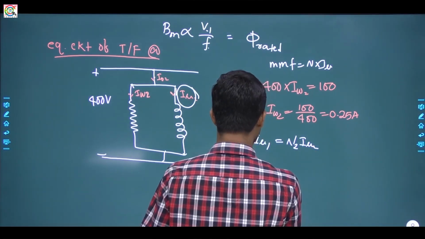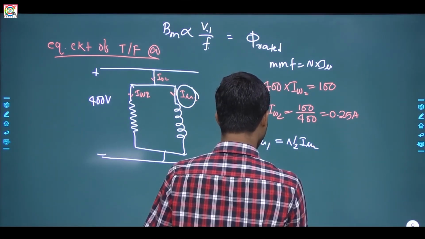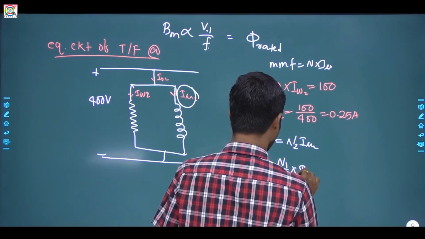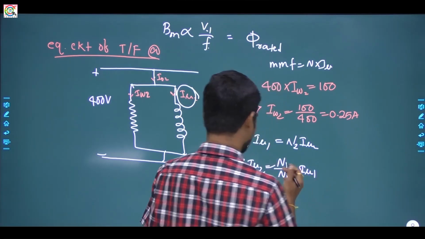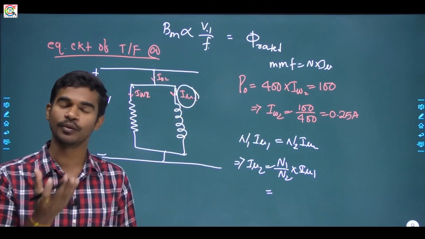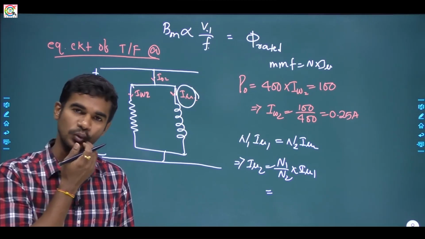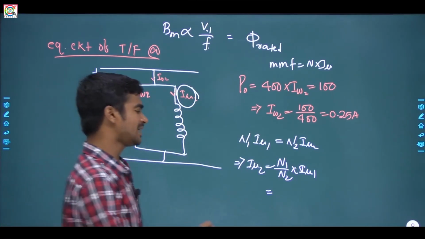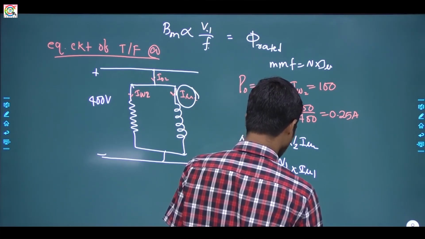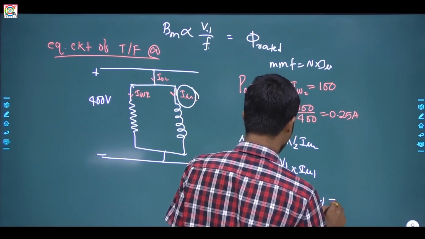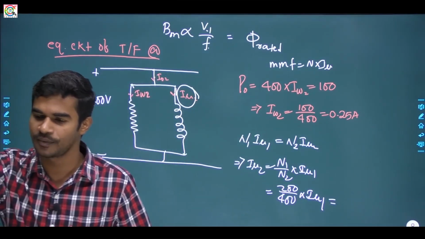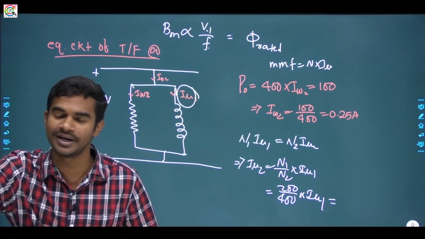So what will be the value of Imu2? It will be N1 by N2 into Imu1. N1 by N2 you don't know, but N1 by N2 is proportional to the voltage ratio, that is 200 by 400 into Imu1. The value of Imu1 you already have. What was the value of Imu1? 0.3183.